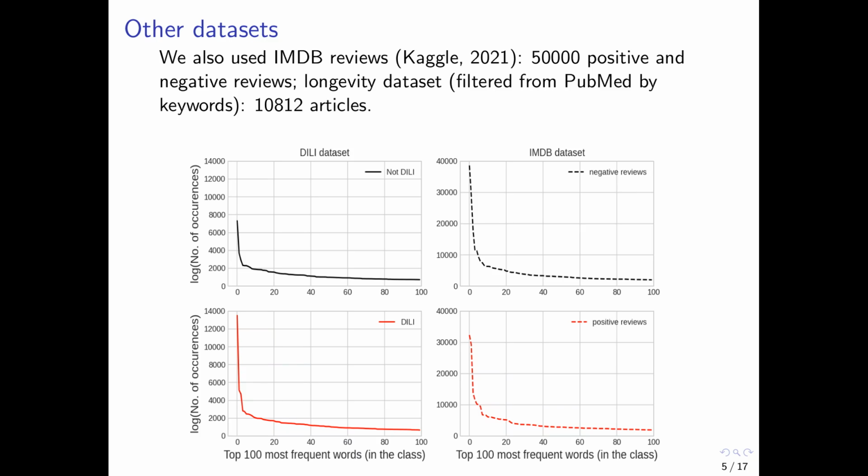The comparison of the distribution of the most frequent words in the classes could help understand this better. From the figure, one can see that for the DILI dataset, distributions for the two classes are rather different, and for the IMDB dataset, they are nearly the same. Also, we tested our statistical model on a corpus of articles related to longevity research in order to check the precision of the model.